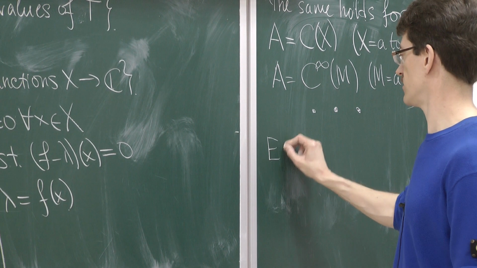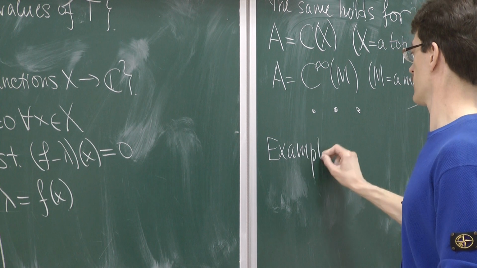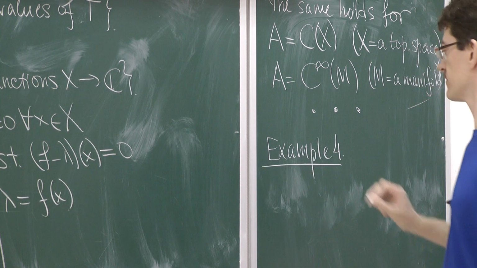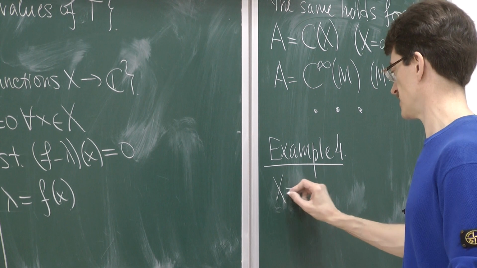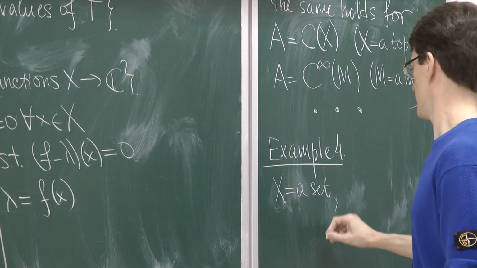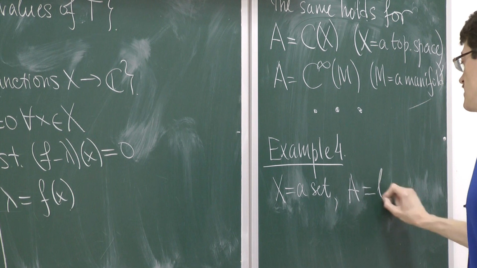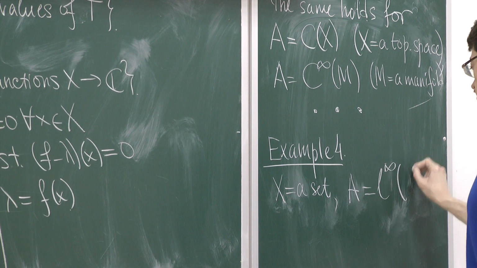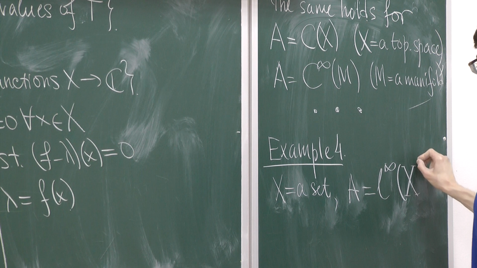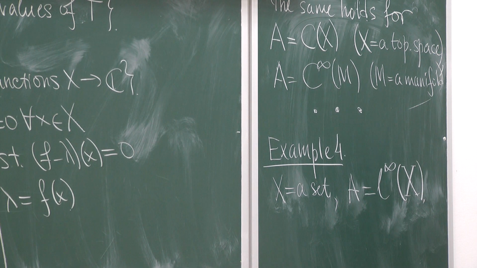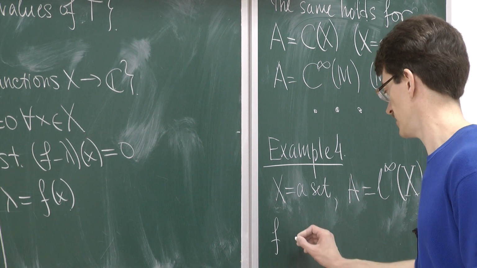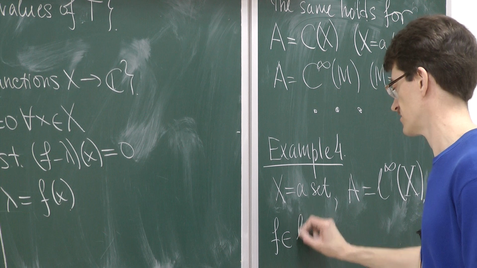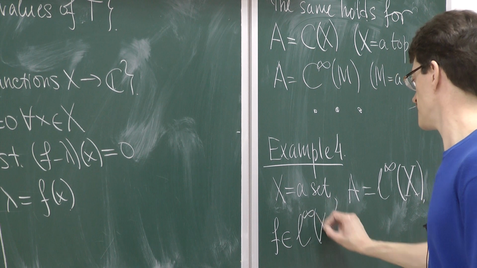Okay, now example 4 is slightly different. Again, we suppose that X is a set, and let now A be the algebra little l infinity of X. So this is the algebra of all bounded functions on X. Well, let's take an element in this algebra, that is, a bounded function f. Why is it invertible?